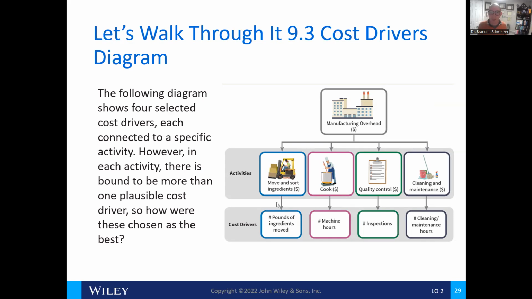The cost driver for moving and sorting is the number of pounds of ingredients moved. For cooking, it's machine hours. For quality control, it's the number of inspections being performed. And for cleaning and maintenance, it's the number of cleaning and maintenance hours. So we've identified the cost drivers associated with the related activities.